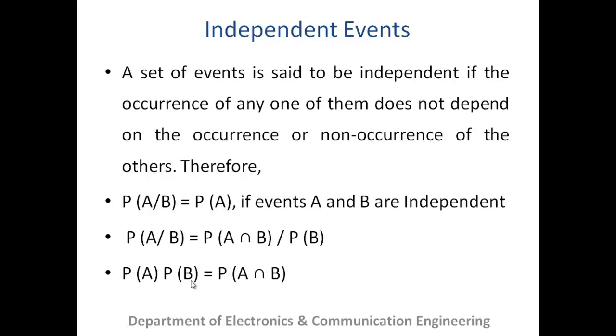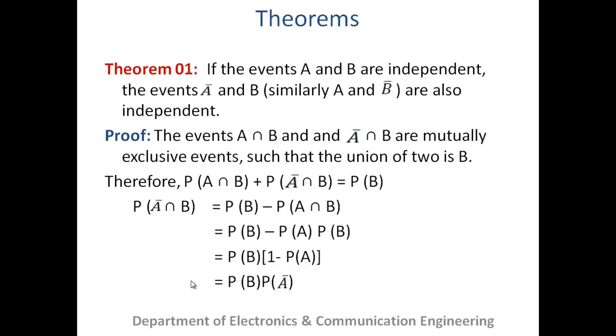If probability of A intersection B yields the product of the two individual probabilities, then we say the two events A and B are independent events.